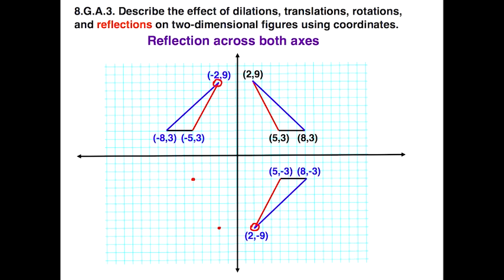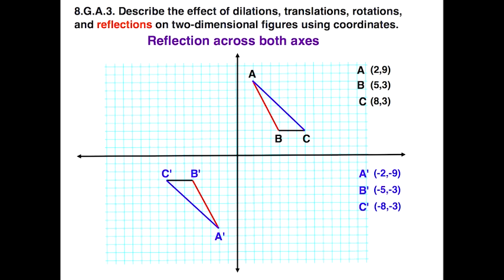If we take that vertex and reflect it, there's our new location. And then we reflect this point. Let's connect those points, color code our segments, and let's figure out what our new coordinates are.